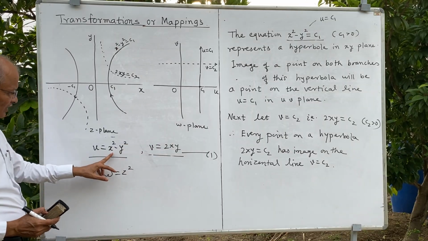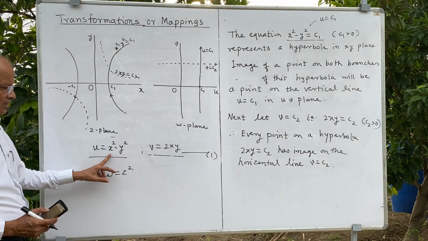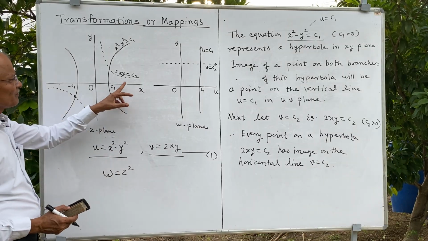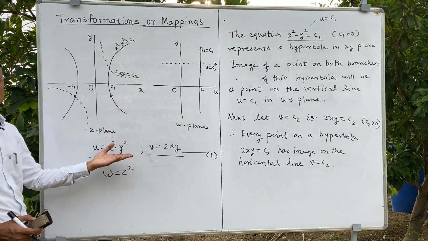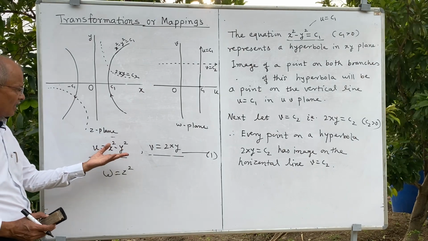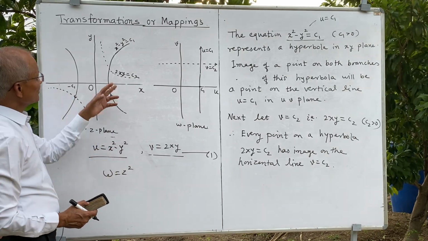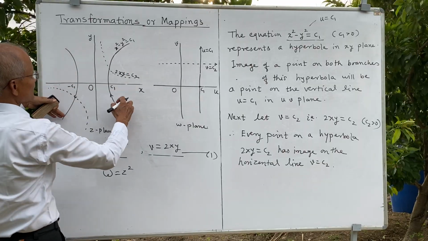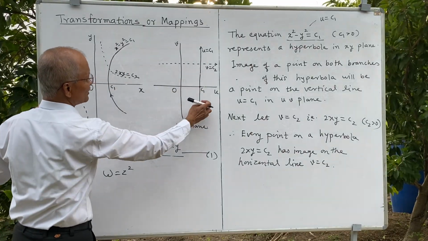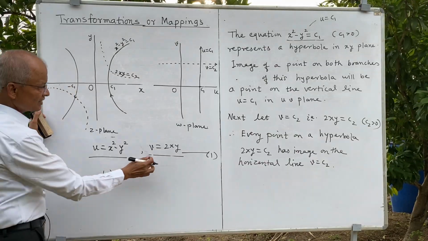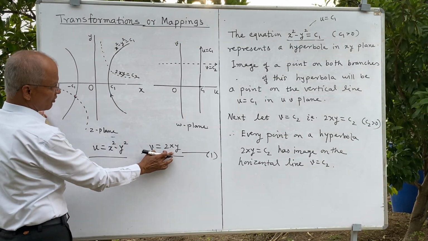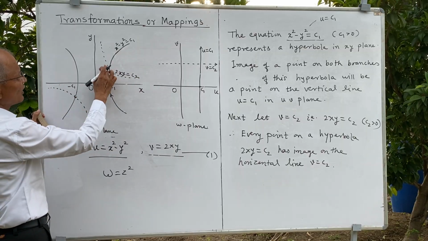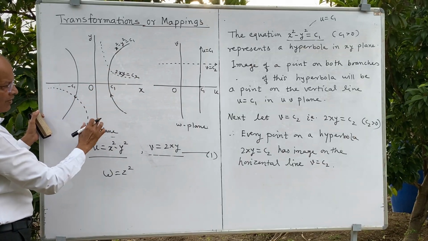It has two curves, u is x square minus y square, that is x square minus y square is equal to c1. c1 can be taken as any constant real number, and that represents a hyperbola, and these two hyperbolas will be mapped on this vertical line u is equal to c1. This we have shown by a dotted line, and every point on this hyperbola will be mapped.